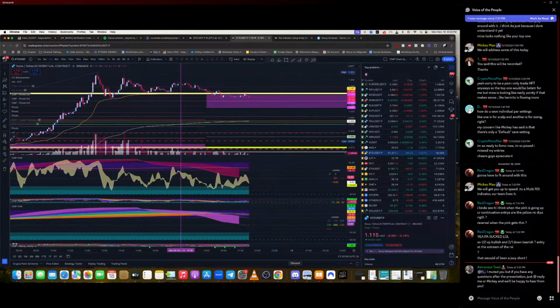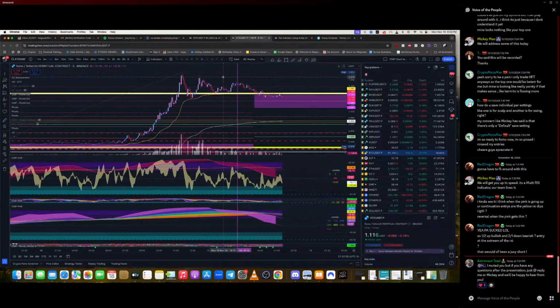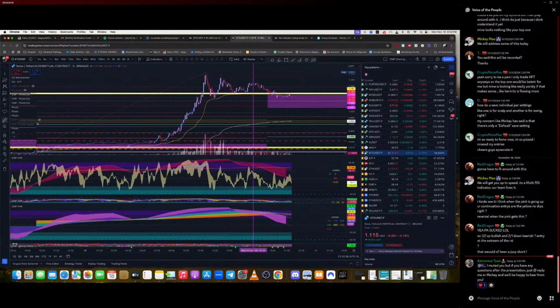XTZ actually gave the spot versus perp divergence or disconnect signal, which is a huge scam pump and dump signal. And so it's definitely being manipulated and will crash eventually. Oh, okay. Yeah, and it was up 55% yesterday, right? XTZ? I mean, you can measure it right there.